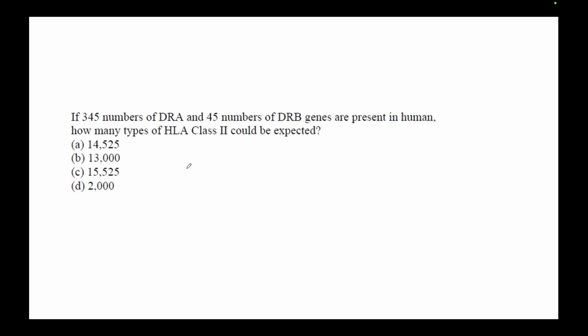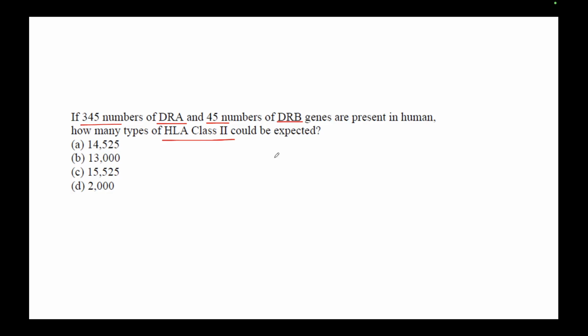Yeah, so if there are this many DRA and this many DRB genes present in a human, how many types of HLA class 2 could be expected? Okay, so HLA class 2 is nothing but the MHC class 2. So they are formed with the combination of alpha and beta. So this is alpha subunit, this is beta subunit.